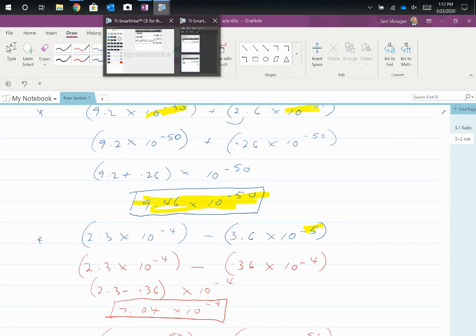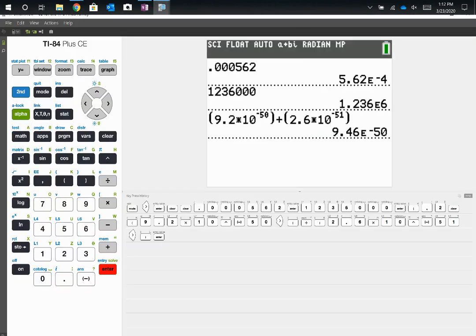So yes, if you have your own calculator, you can experiment with that a little bit.